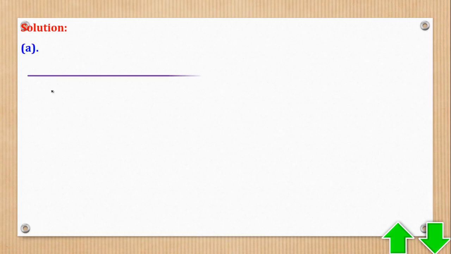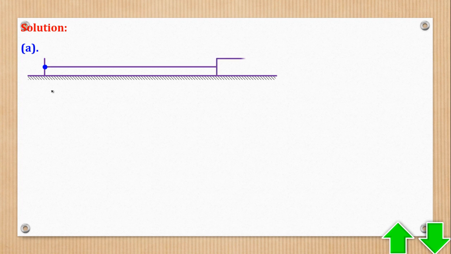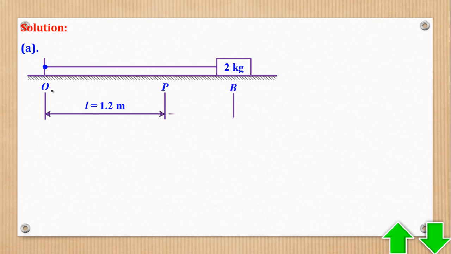So you draw the horizontal ground, then draw a fixed point and the particle which has been stretched. Before stretching, the original length was 1.2. And after stretching, it became 1.5. Therefore, the extension is 1.5 minus 1.2 to get 0.3.